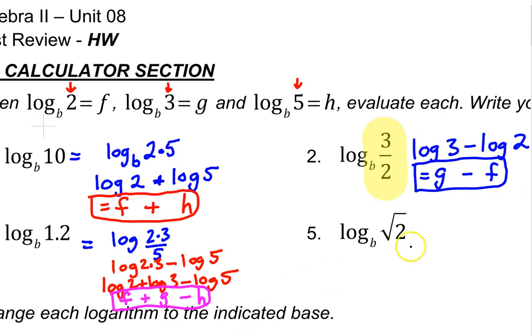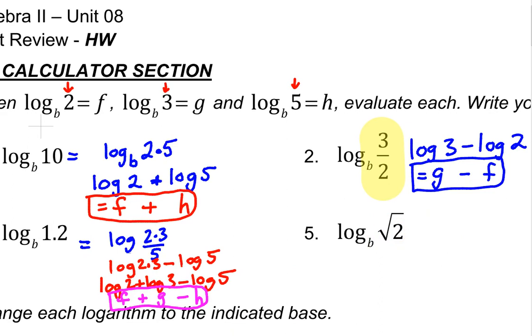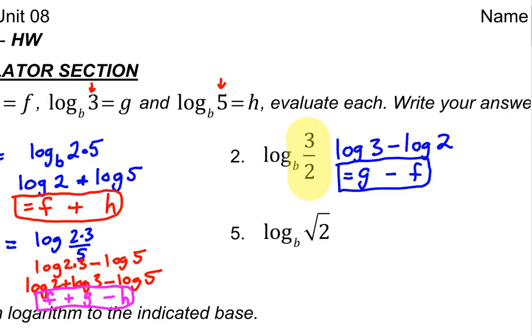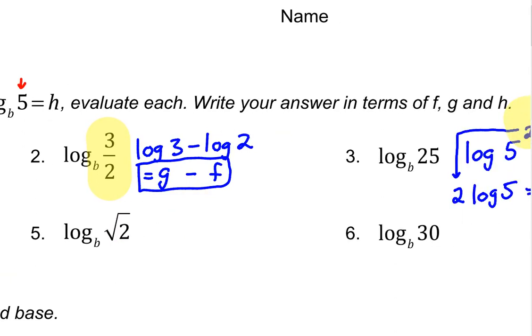For number 5, square root of 2. Here you have to recall that radicals can be rewritten as exponents. So a square root is the same as what power? And so we'll have log of 2, and the same thing as a square root is to the half power.